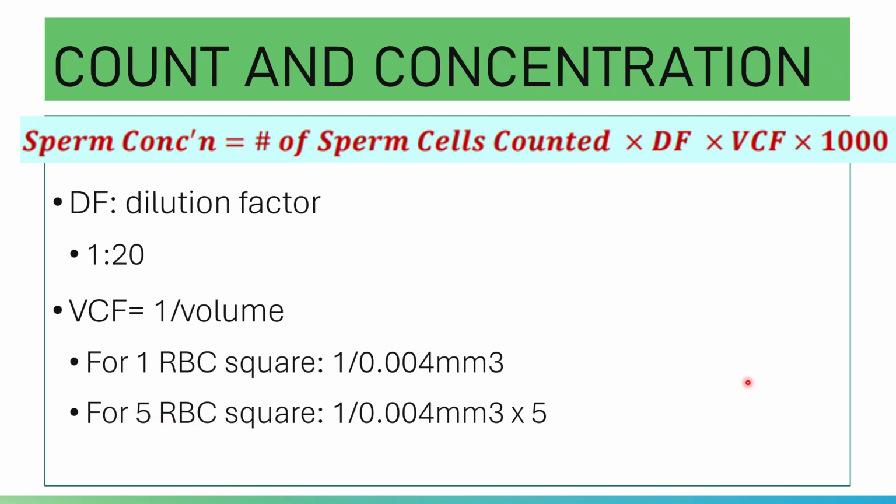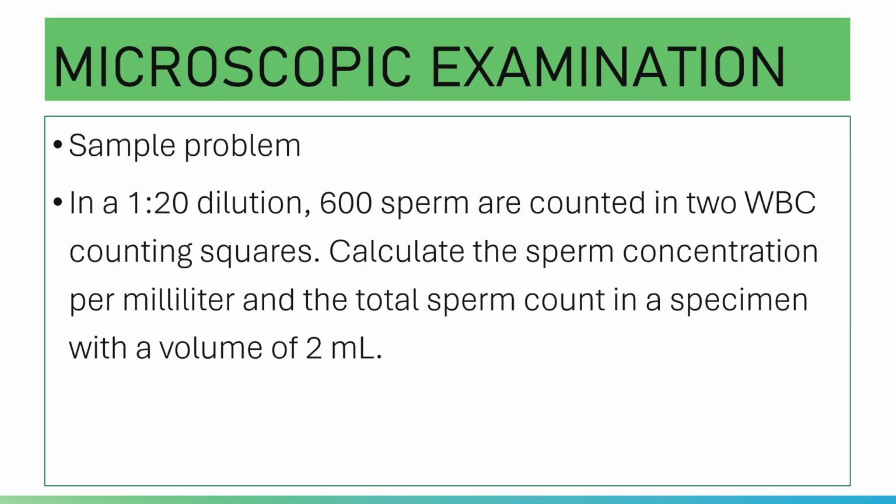You need to calculate for your volume correction factor. If you will utilize 4 squares only, then you need to change this one into 4. That is for this formula.